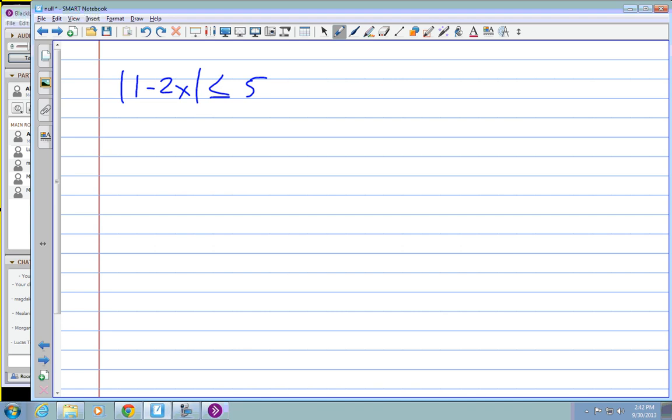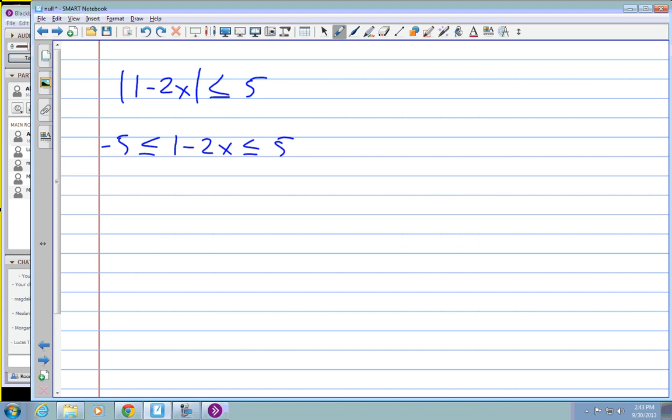So, case 1. So how do we drop the inequality if it's case 1? So put everything in the middle, and then it's from -5 less than or equal to +5. Right?